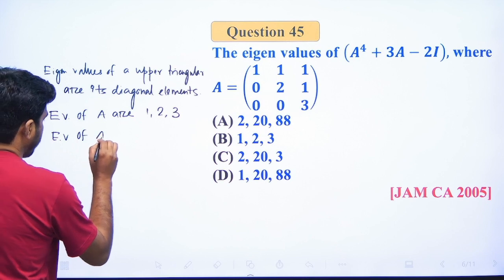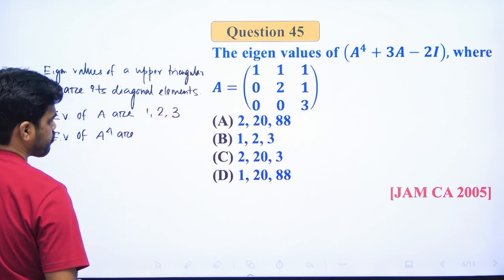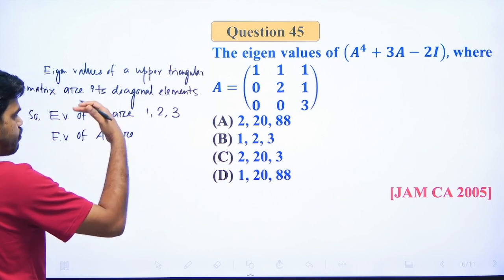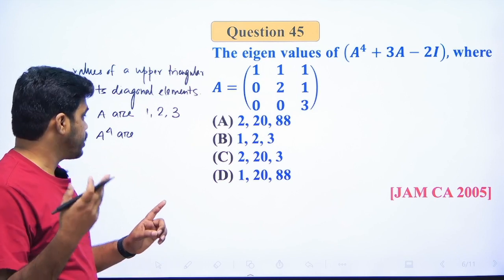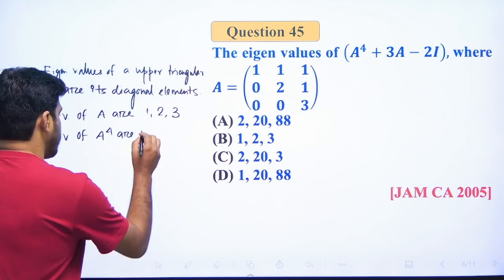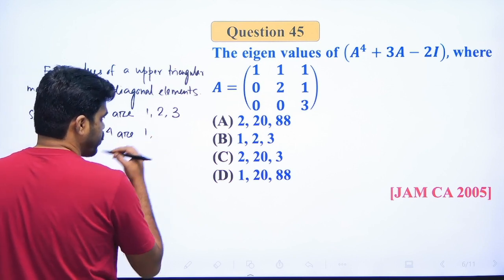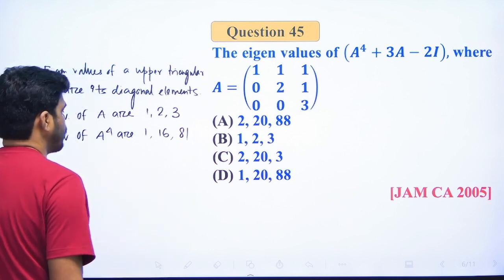So eigenvalues of A to the power 4 are, just raise to the power 4, because we know that if the eigenvalues of A are lambda 1, lambda 2, lambda 3, then eigenvalues of A to the power m are lambda 1 to the power m, lambda 2 to the power m, lambda 3 to the power m. So 1 to the power 4 is 1, 2 to the power 4 is 16, 3 to the power 4 is 81.